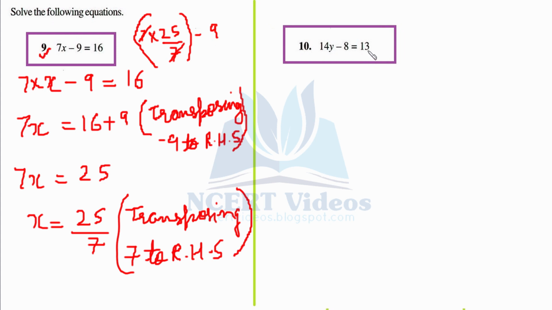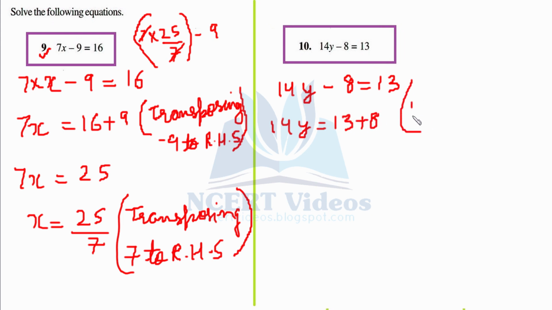10th, 14y minus 8 equals 13. In the first step, we are going to write it as it is. 14y minus 8 equals 13. Get rid of this. So 14y equals 13 plus 8. The reason being transposing negative 8 to which side?